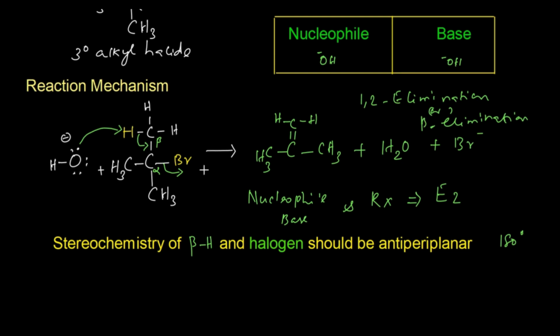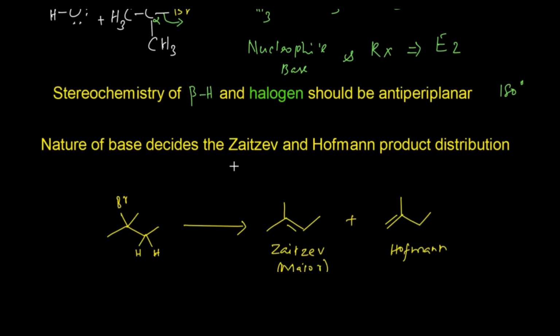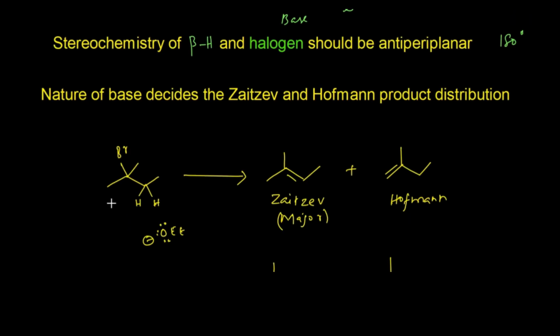Now I am going to take some other starting material. Here this is one beta carbon, this is another beta carbon, and this is also a beta carbon. You see here the nature of the beta carbons and the beta hydrogen environments are different. In this case, what will happen? I am taking 2 different bases.